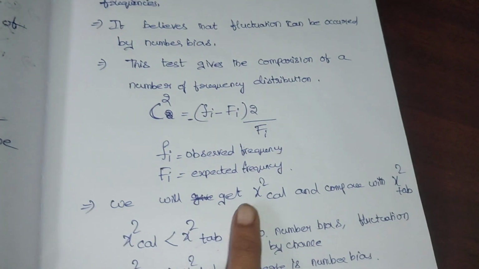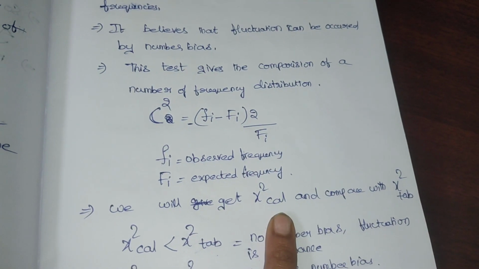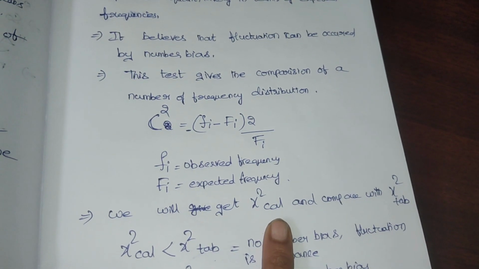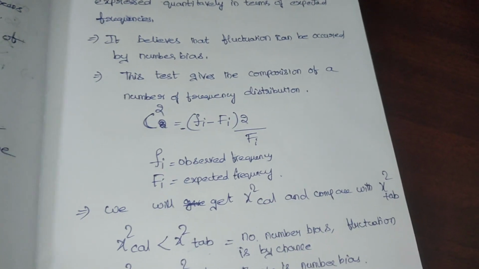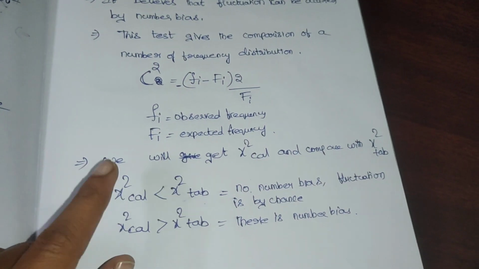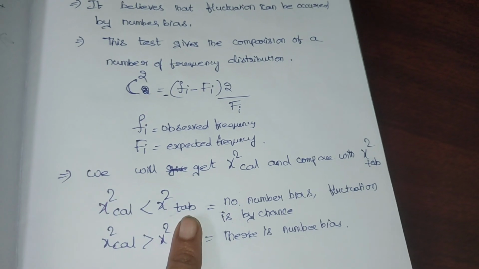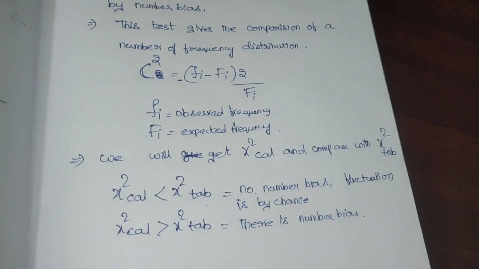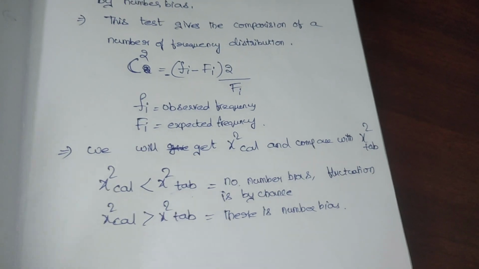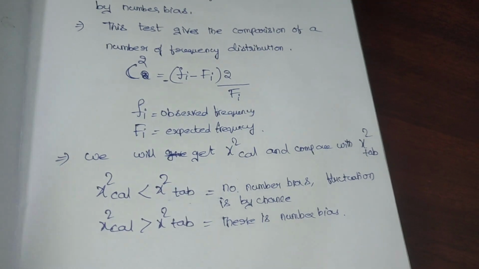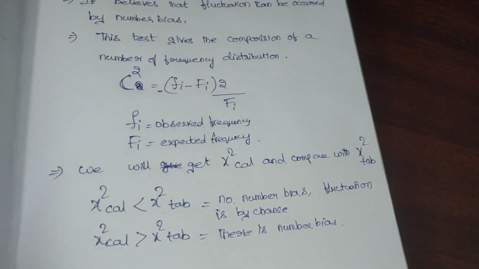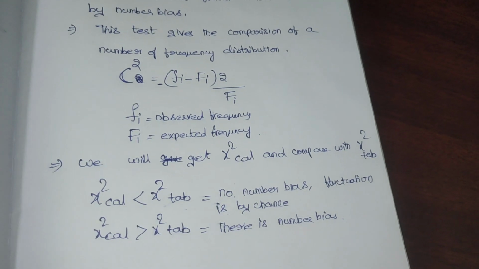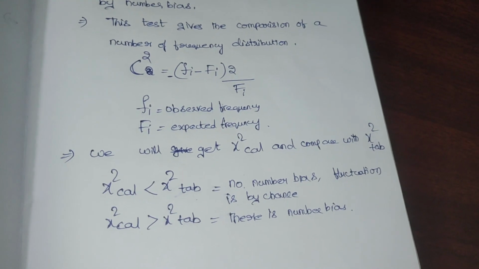We get the chi-square calculated value, and compare it with the tabulated value. If the calculated value is less than the tabular value, no number bias is occurring. All got the same values, and the fluctuation may be by chance. If it is more than the tabular value, then number bias is there.